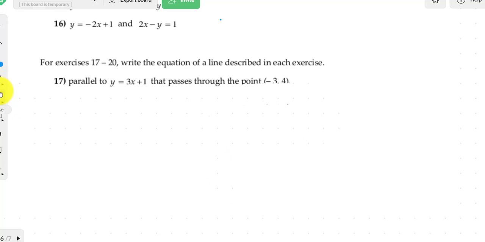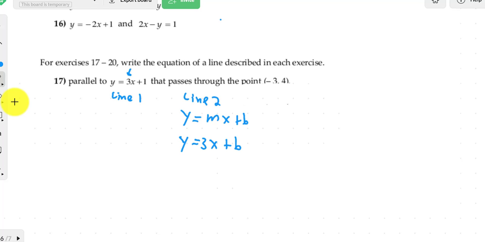We can think of this as line 1, and we need line 2. We know that line 2 is going to be y equals mx plus b. The m is going to be 3. So y equals 3x plus b, because parallel lines have the same slope.